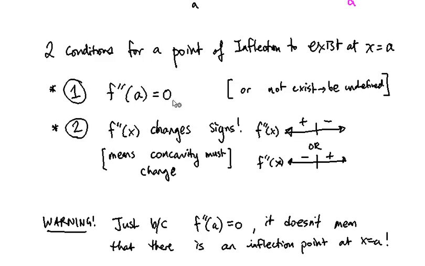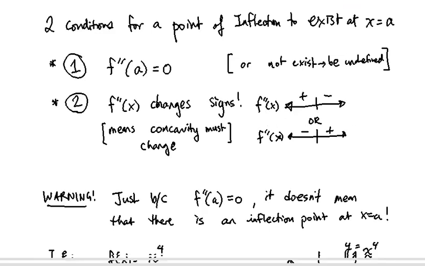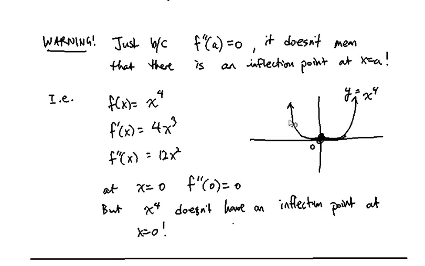f double prime of a must be 0, and f double prime of x must change signs as I go from left to right. You can draw the sign diagram of f double prime of x to check that. Here's a warning, and this is a common mistake that a lot of people make: just because the second derivative is 0, it does not mean that there's an inflection point at x equals a.